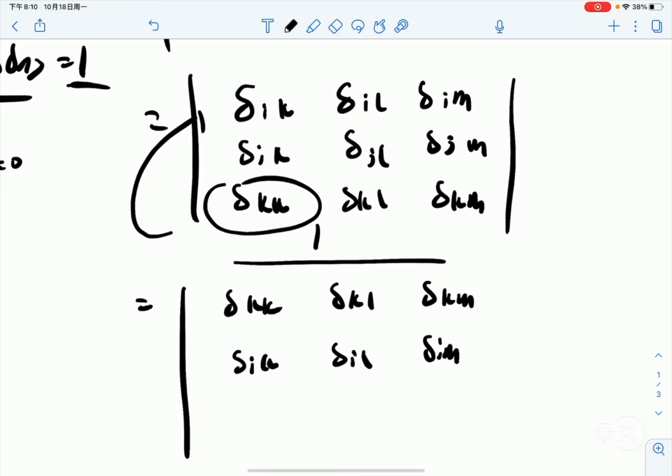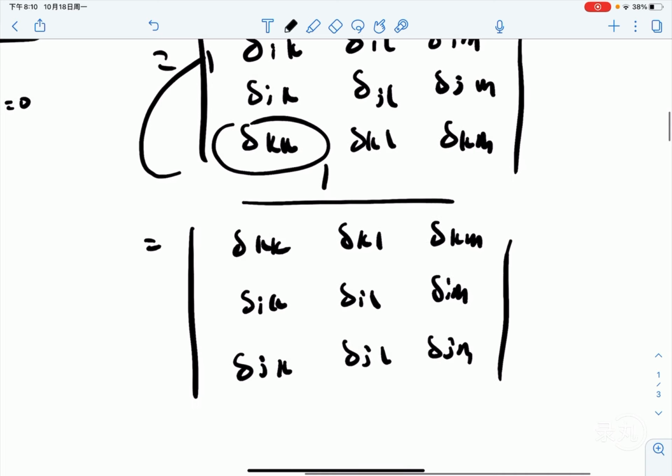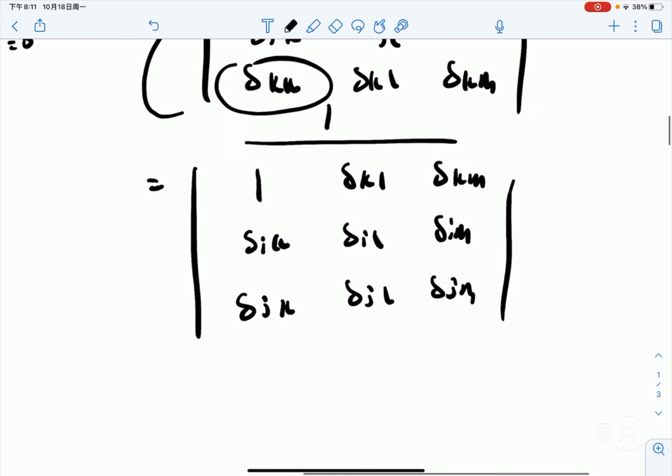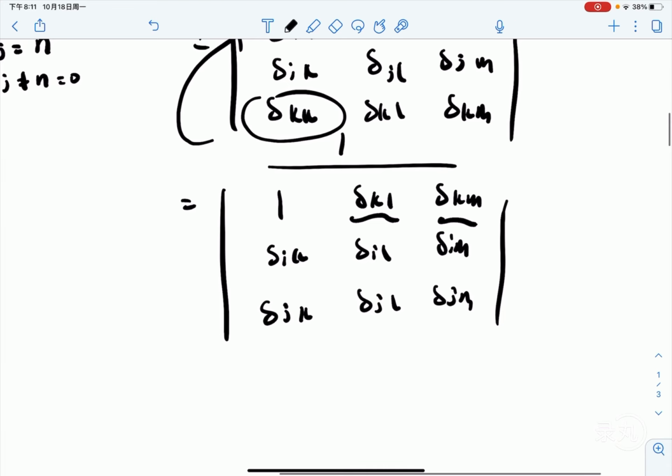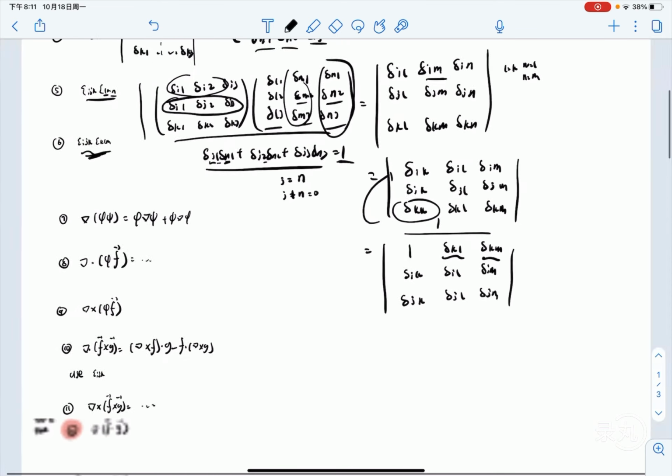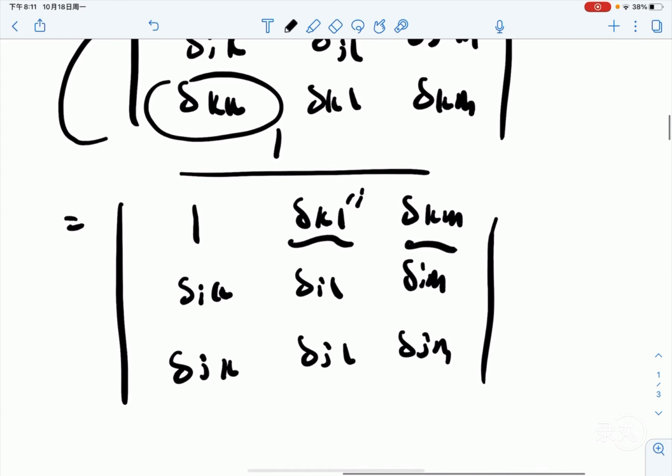IM, JK, GL, JM. And this term is equal to 1. And this, because they are not equal to each other, this term is equal to 0, and this one is 0.